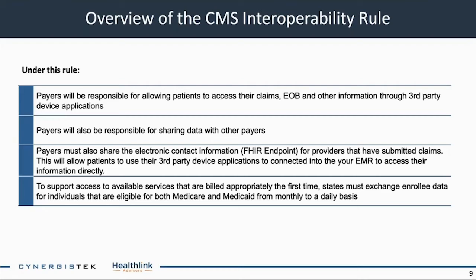And they'll also support access to available services that are billed appropriately the first time. And that means that those claims that might have issues may not be available, just to be clear. And states have to exchange enrollee data for individuals that are eligible, the Medi-Medi dual eligible patients. They're eligible for both Medicare and Medicaid, and it's transitioning that from a monthly to a daily basis.